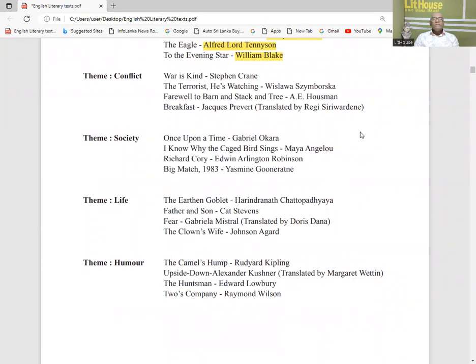Then conflict poems. Conflict means clash, fight, war, violence. Conflict poems. War Is Kind. Who's the poet? Stephen Crane.